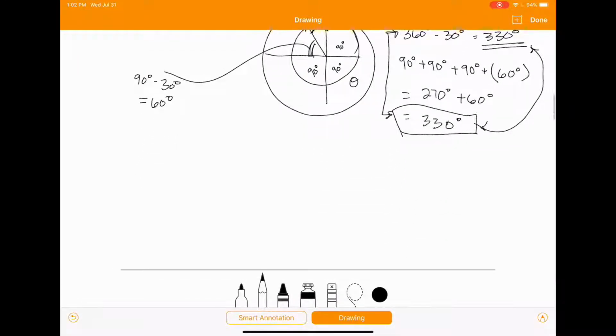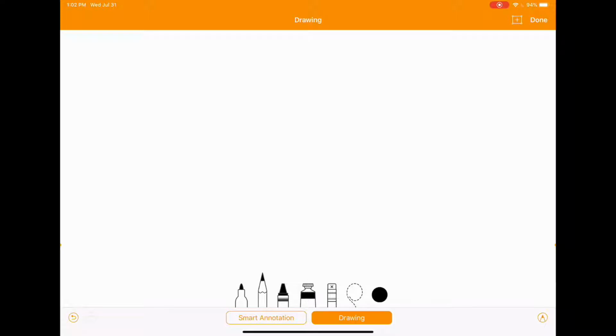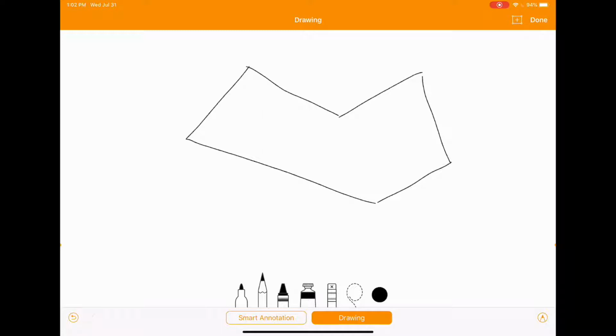So the next thing that you might be asked as far as angles and directions go is to find the interior angles of some traverse shape. And so obviously your interior angles are going to be all the angles on the interior of your shape. And so a lot of times you'll be given a bearing here, a bearing here, a bearing here, a bearing here, bearing here, bearing here.